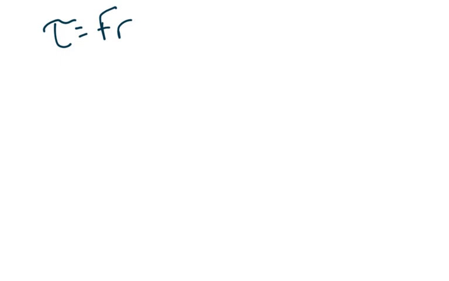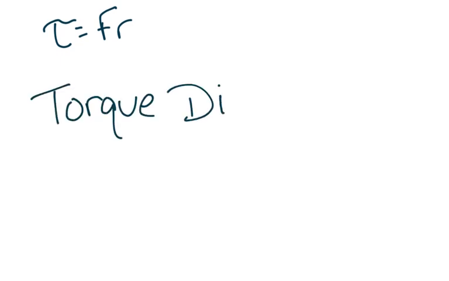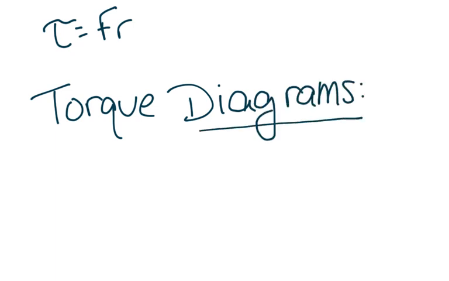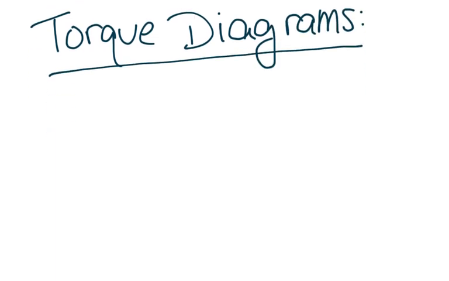The last thing I want to talk about is torque diagrams. If you were in AP1 last year, then we did torque diagrams in class, and you used them to do a lab. A torque diagram is basically a way to show all the torques acting on an object, similar to a force diagram that shows all the forces acting on an object.